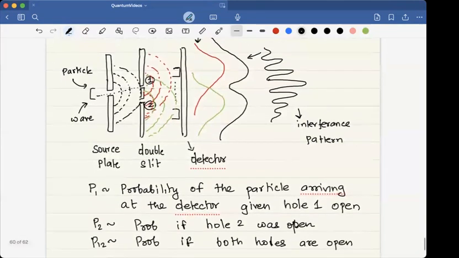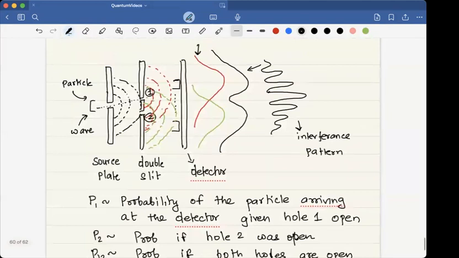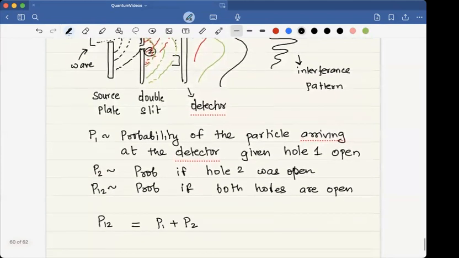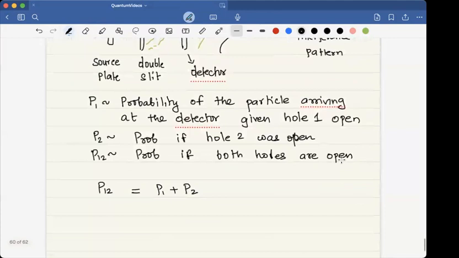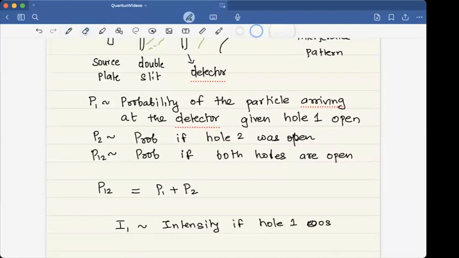And in this case, if we are looking at the intensity of the waves, then the intensity of the wave if hole 1 was open, suppose I take I1 as that.